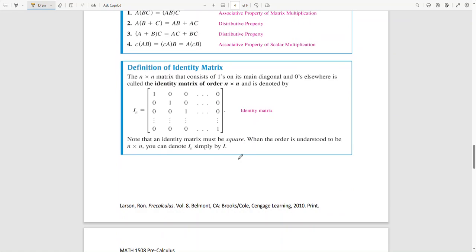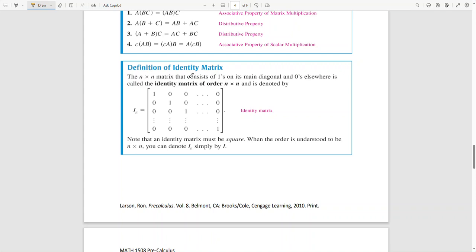Something that comes up when we're multiplying, right? When you multiply 3 times 1, you get 3. We call 1 an identity. It's nice to have an identity because that allows you to multiply by a form of 1 but not change anything, right? So we have an identity matrix as well.